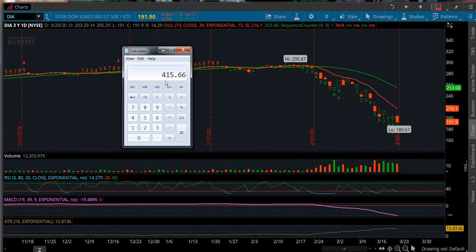As your account gets bigger, because now you'd have $20,415, your risk parameters are going to go up.